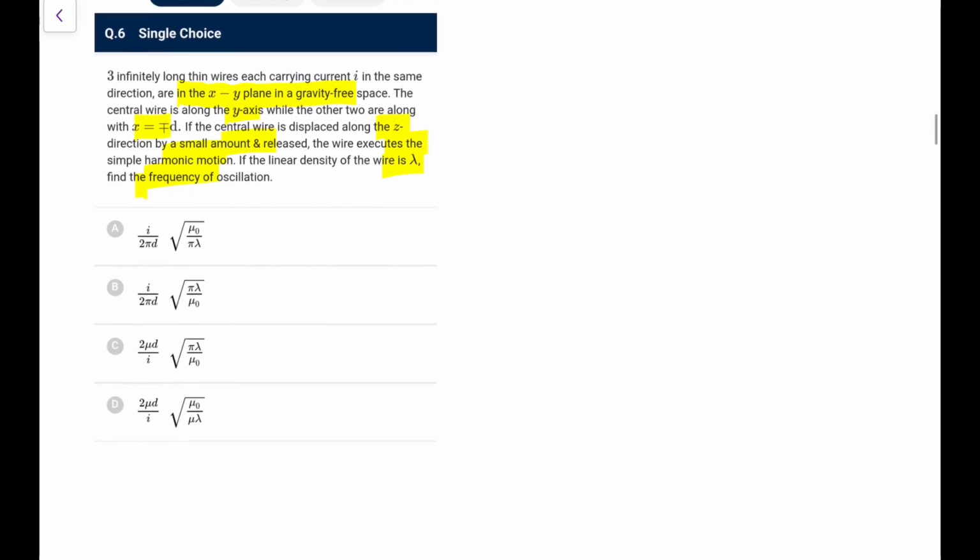Now, since it is displaced along the Z axis, we should be very careful while drawing the figure. Let's say I draw this XY plane like this, with the X axis, the Y axis, and this pointing would be the Z axis.